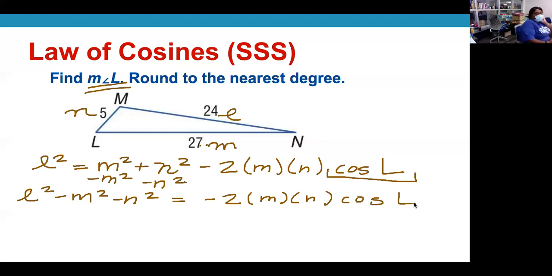Now stop there for a second. Does that make sense? So I'm still trying to get this cosine of L by itself. So all of this is multiplication.